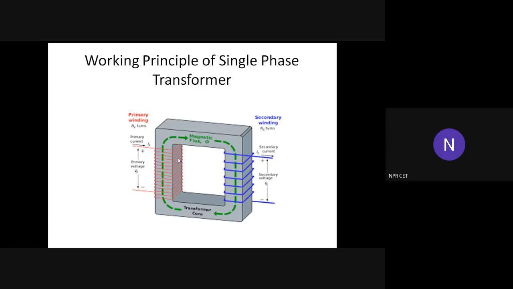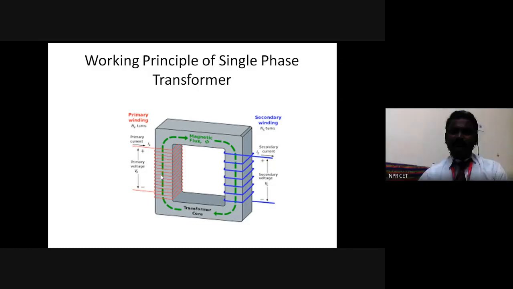So the alternating flux cuts the primary winding, and EMF is induced in it. This EMF is known as the self-induced EMF. The self-induced EMF always opposes the supply voltage, according to Lenz's law, right? At the same time, the magnetic flux is in phase with the primary current.